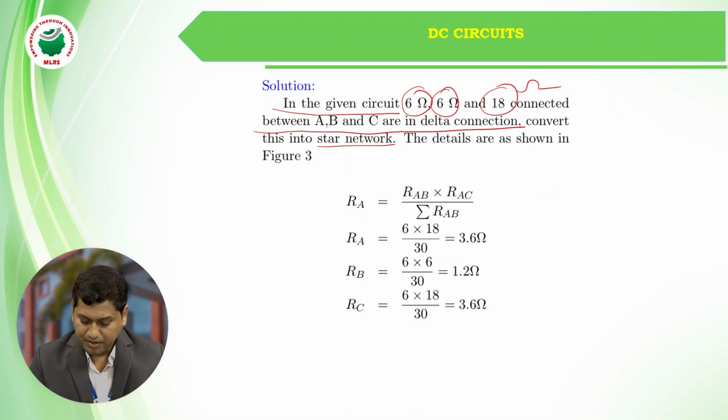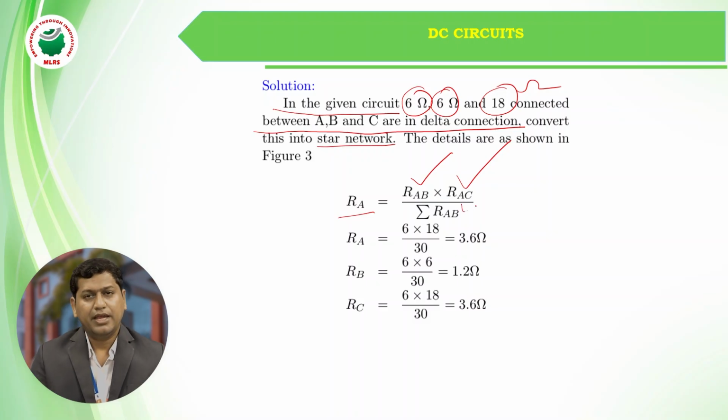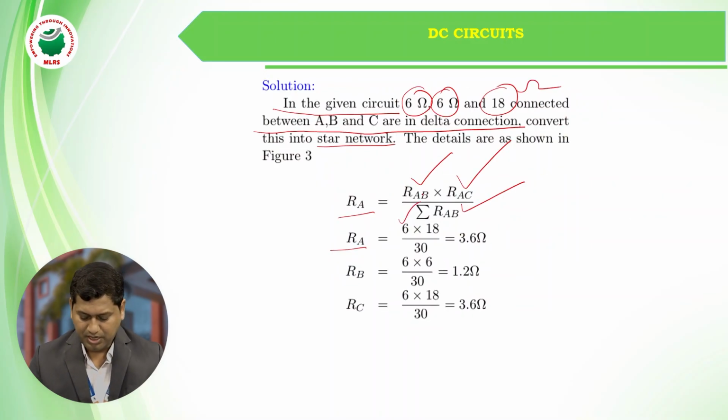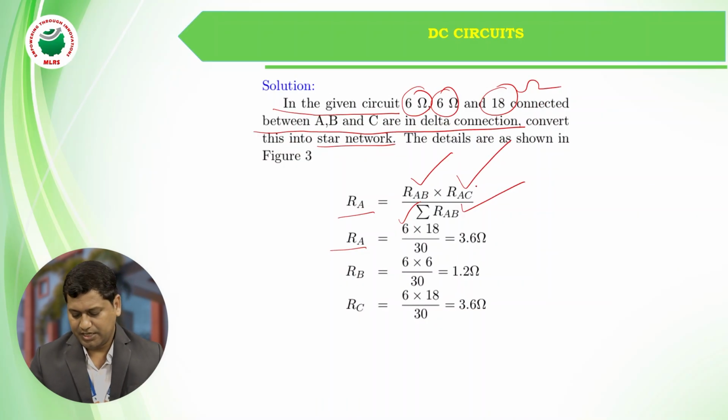The formula is RA equals RAB into RAC divided by the algebraic sum of RAB, RAC and RBC. Here RAB is 6, RAC is 18.